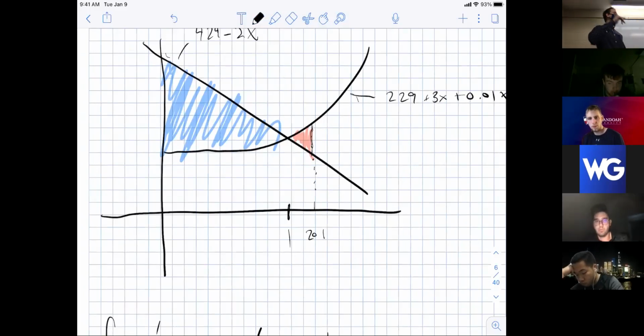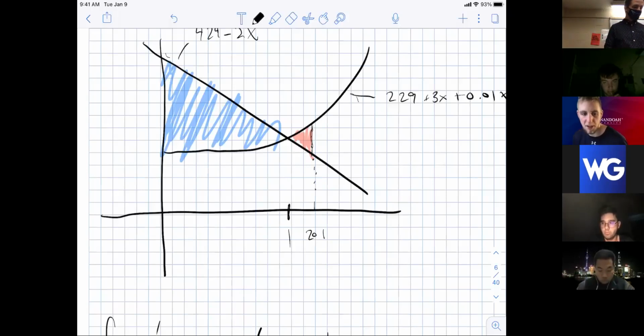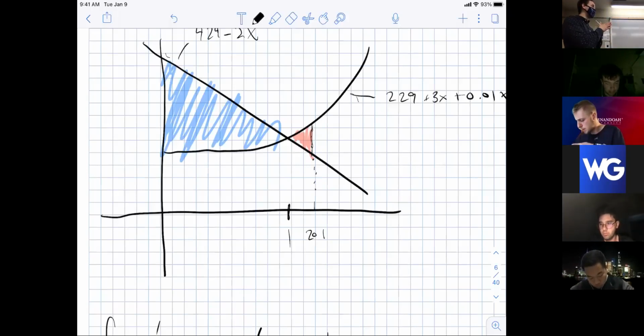Would it be positive or negative? It would be a loss, I guess. Yeah, exactly. If I integrate R prime minus C prime, where C prime is bigger than R prime, that's going to give me a negative number there.